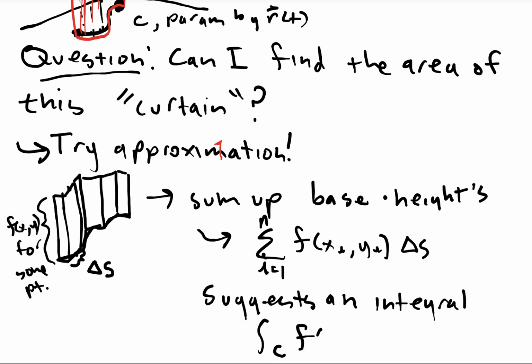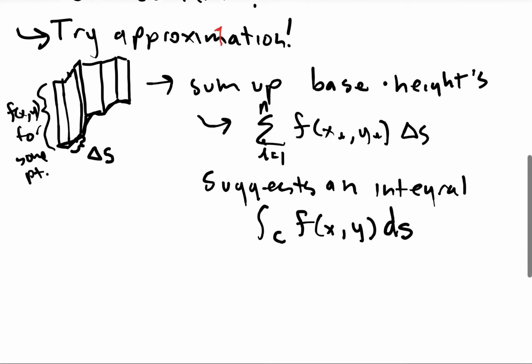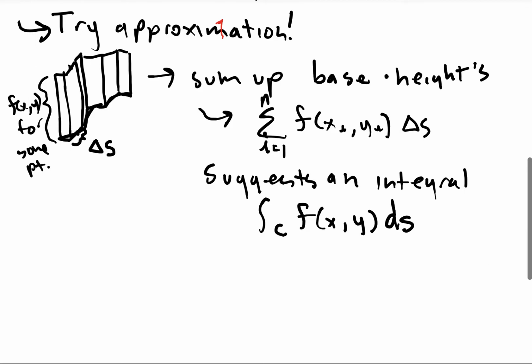We are trying to integrate that function that gave us our surface in the first place. And this delta s on the end is really just going to turn into a ds differential. So we have a new differential that we're going to have to work with here.